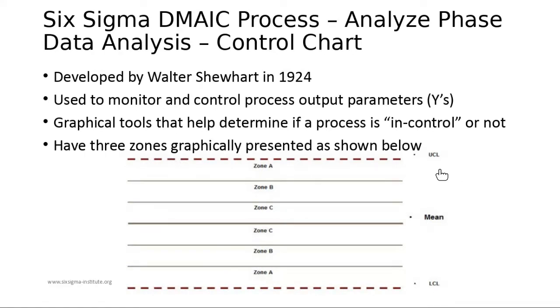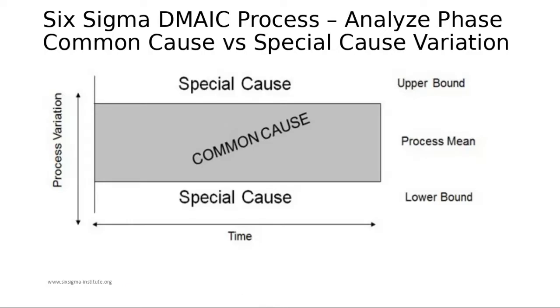If your data is exceeding the control line, then there are special causes or special problems in the process, like a machine broke down or a person was absent during his shift, and people are making lines in front of the window, and the delays have been increasing rapidly. So this is a special cause because it is exceeding the control limits, upper and lower.